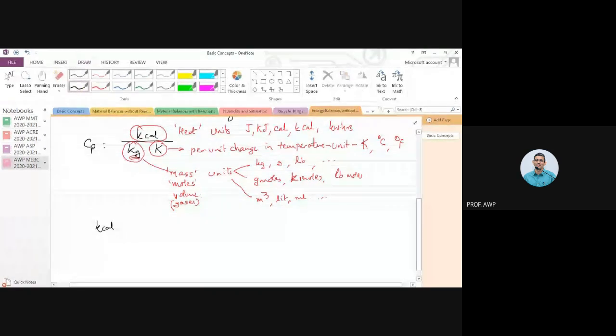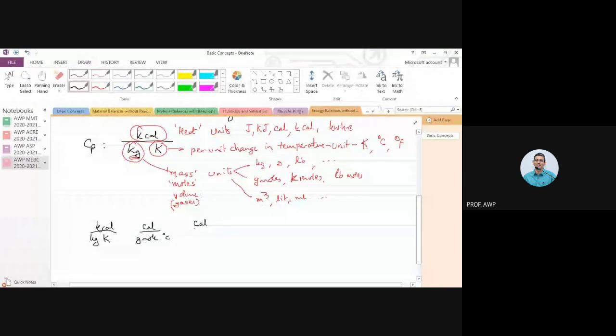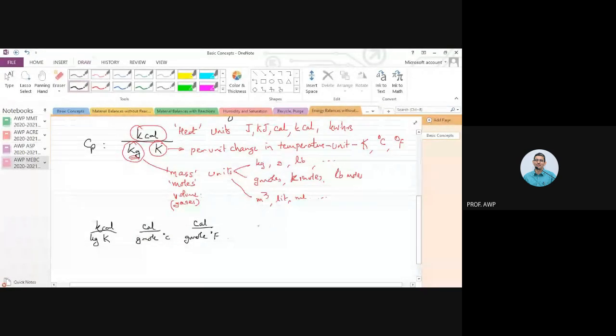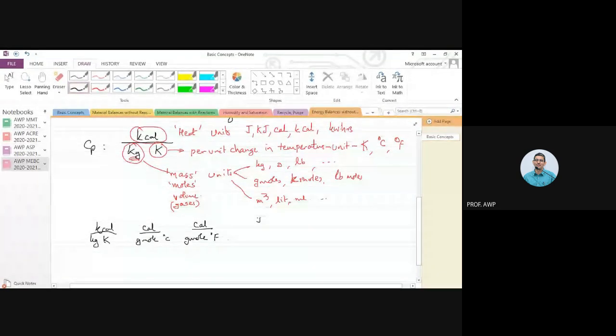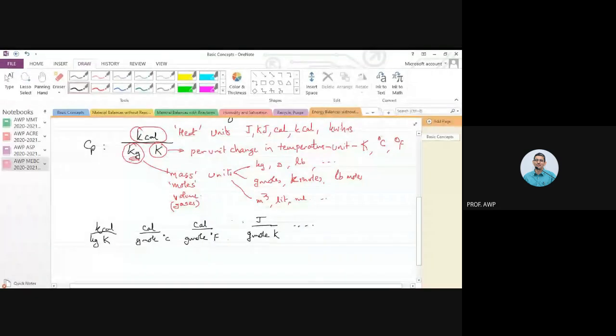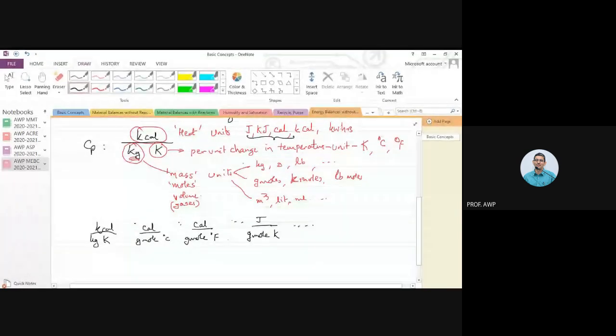So one could be, let's say, kilocalories per kg Kelvin, or calories per gram mole per degree centigrade change, or calories per gram mole per degree Fahrenheit change in temperature. You could write joules per gram mole per Kelvin change, or any combination of units of energy, units of mass or moles, and units of temperature.